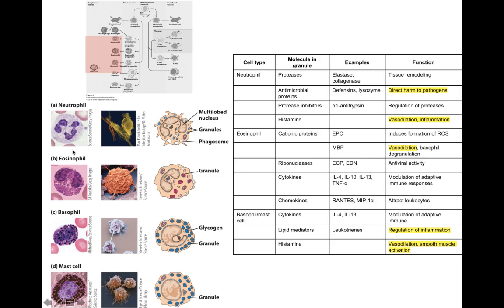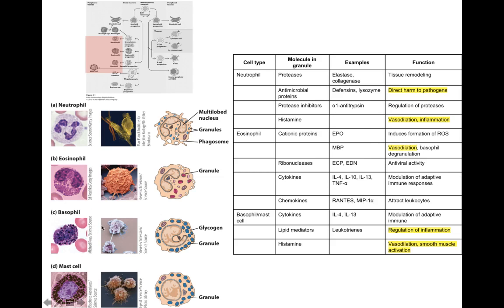Eosinophils are important. They have important antiviral activity. They're also important against worm infections, and they are also able to increase vasodilation.